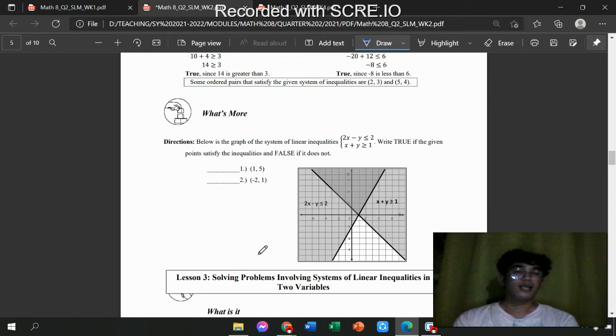So ani pwede ka dili na mo-solve. Tan-awon ra ninyo kung kani nga points na belong ba sa nag-overlap nga shading part. Or kung gusto mo, inyo yung i-solve, then you can solve para ma-determine ninyo kung solutions ba jud ni sila ani nga solution.